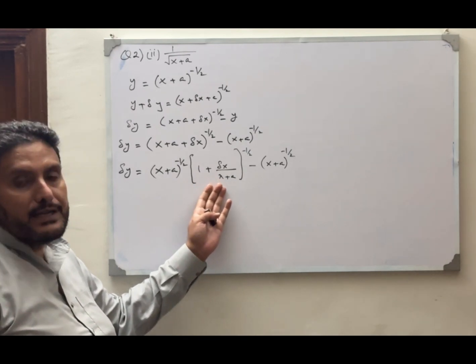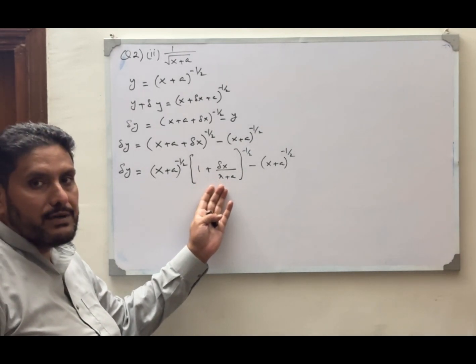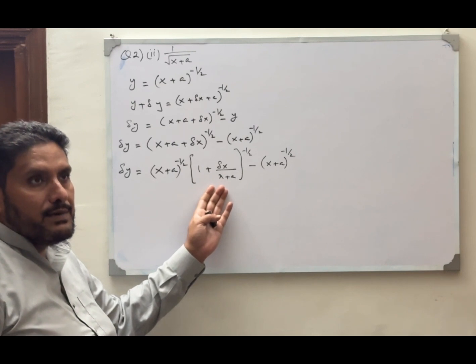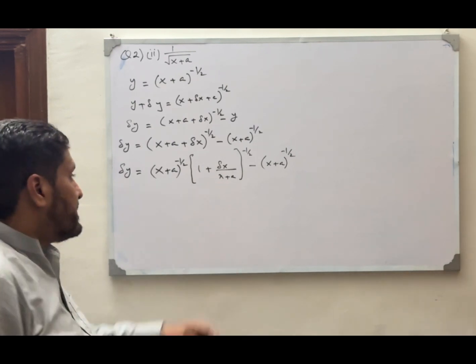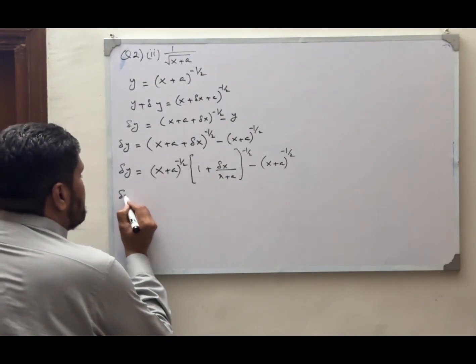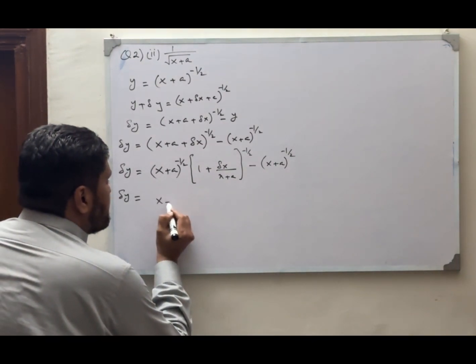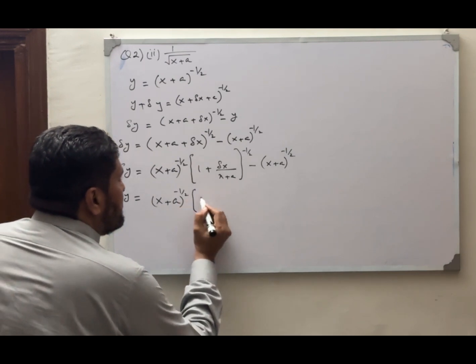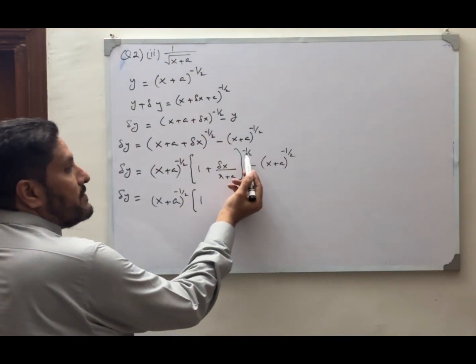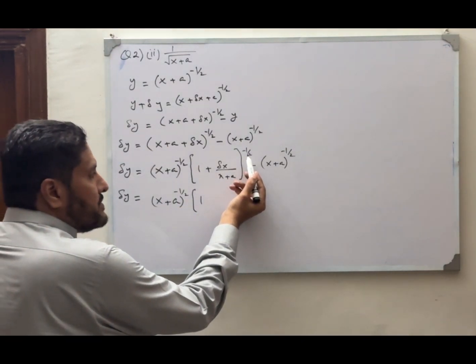So 1 plus nx plus n into (n minus 1) by 2 factorial into x square plus so on. We have to take only the first 2 terms of the binomial expansion. So our delta y is equal to (x plus a) power minus 1 by 2 into 1 plus nx, its power n is equal to minus 1 by 2.